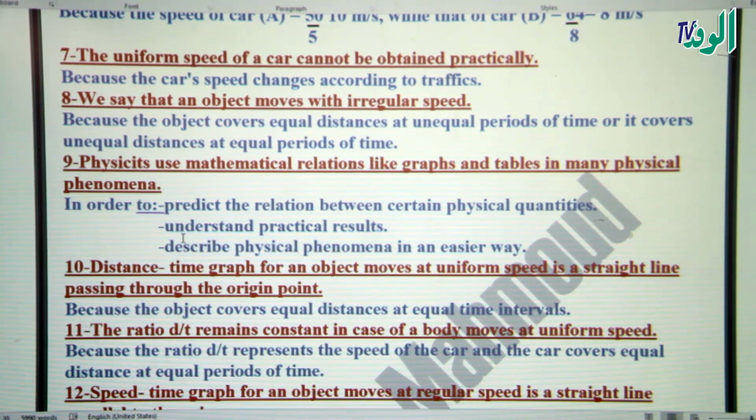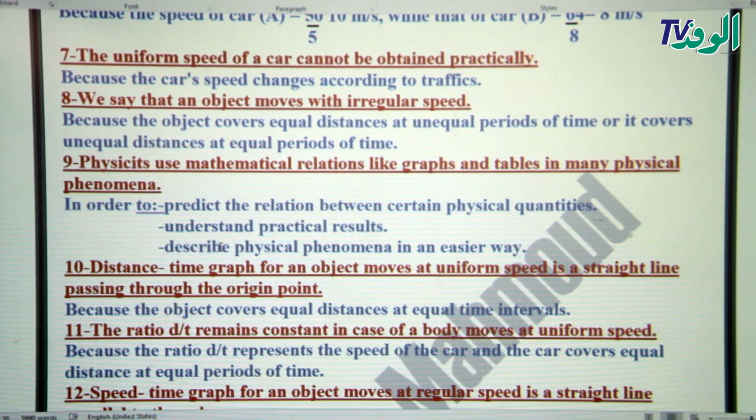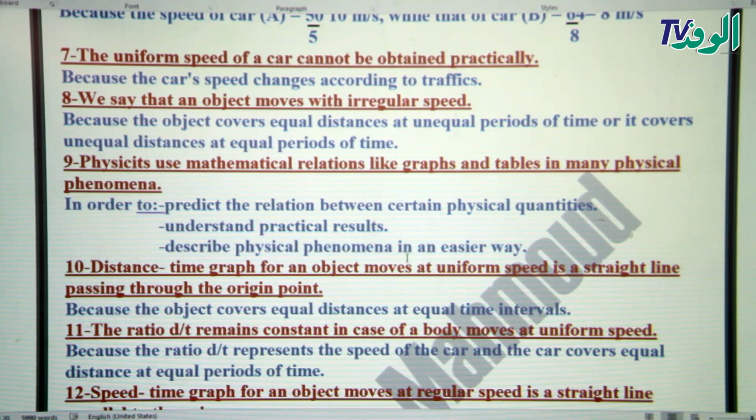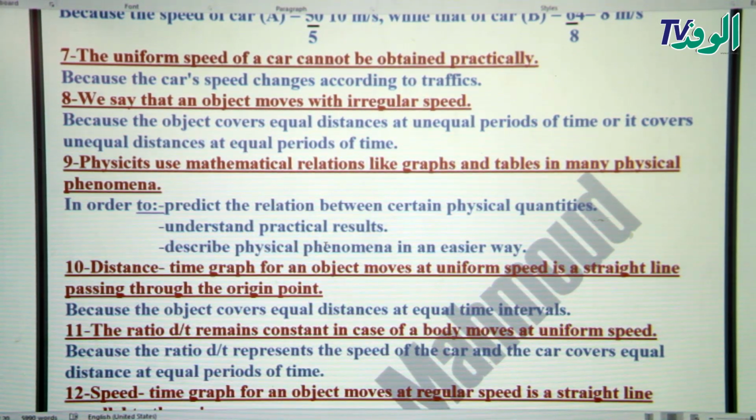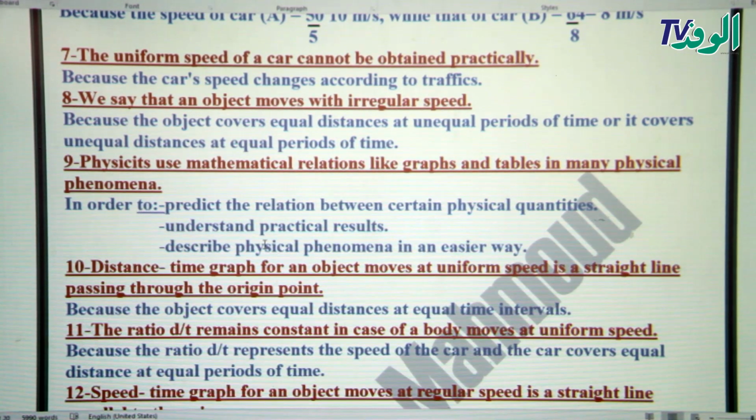Number 2: understand the practical results. Number 3: describe the physical phenomena in an easier way.